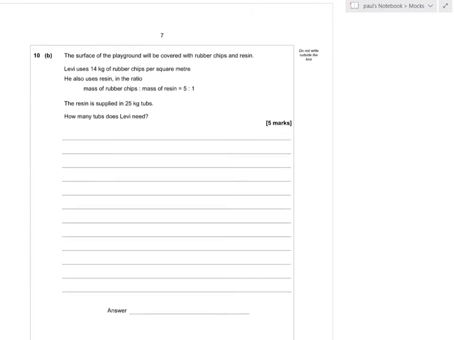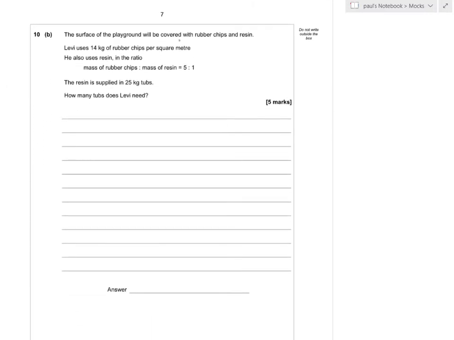Now what have we got? The surface of the playground will be covered with rubber chips and resin. Levi uses 14 kilograms of rubber chips per square meter. He also uses resin in the ratio of chips to resin 5:1. So we've got to go back to the area.